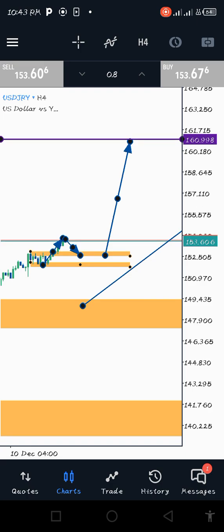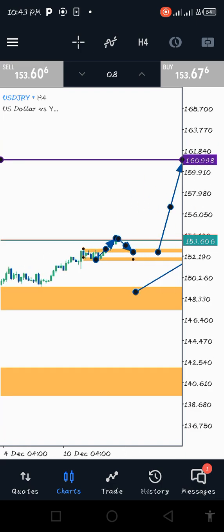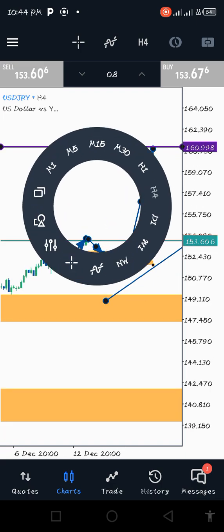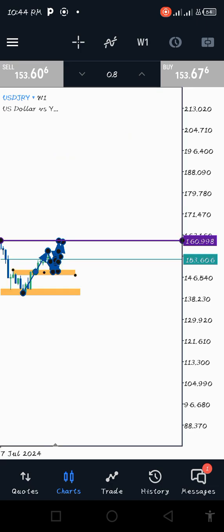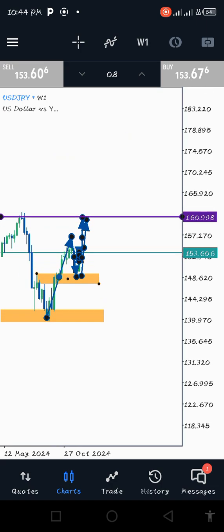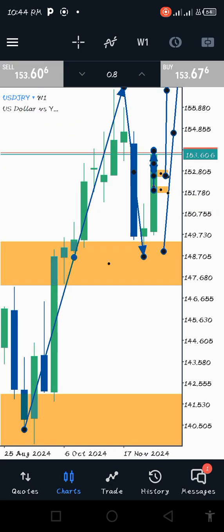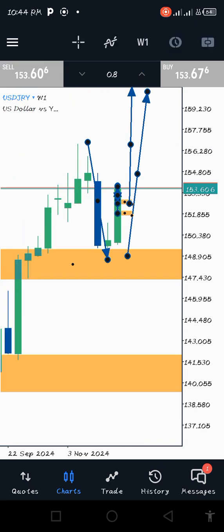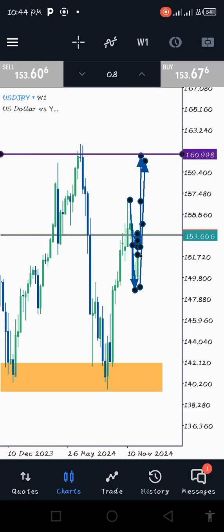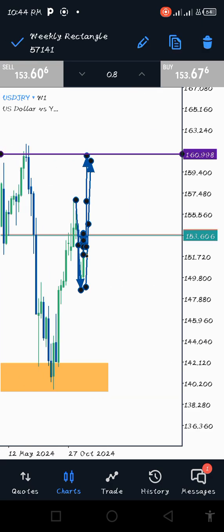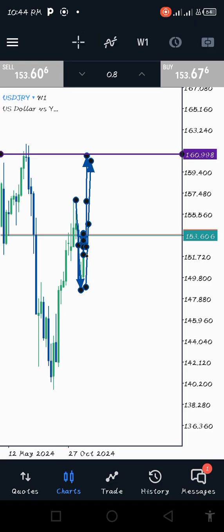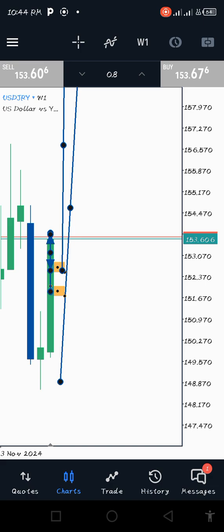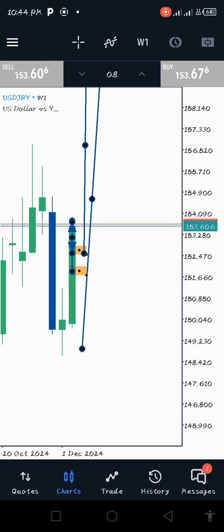Stop loss below that zone and final TP on that zone. First TP. I can delete this. It was for explanation so that the charts don't look more junky. Delete this also. I can also delete this.